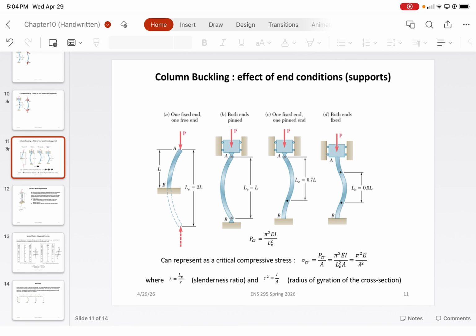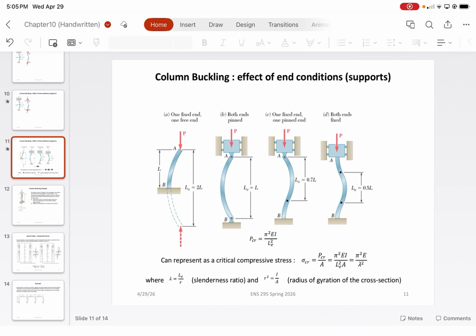Now, we can solve this for any given number of boundary conditions, which we saw last class. For each boundary condition, we ended up with the same general answer with some constant k. Technically, it was a constant n, but we interpret it so that instead of using the number of curves within the column, we use the effective length of each column to get a better approximation and better understand how the column is going to buckle.